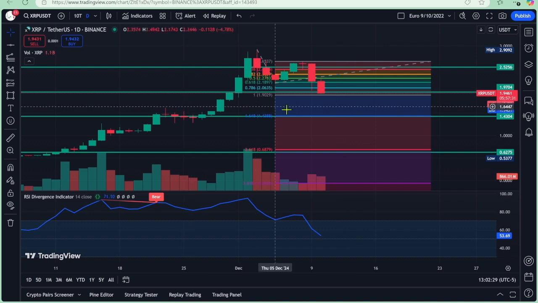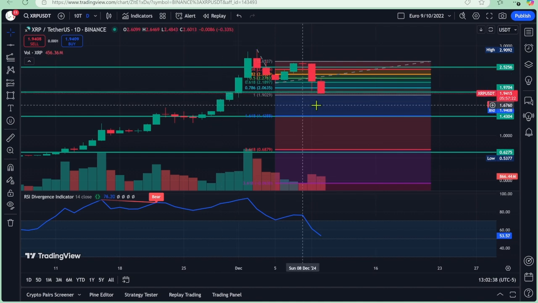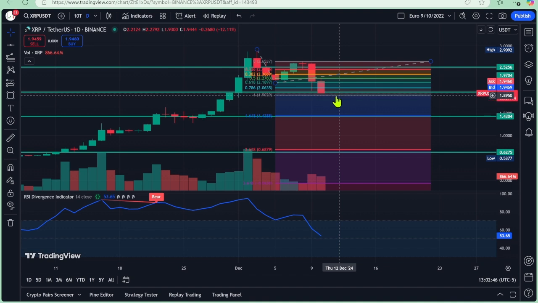Because you see, this candle is falling below this level of previous support. So it has broken support and is now just about ready to hit this target of the 1.00 Fibonacci extension. So this is where we're looking at a potential bounce.